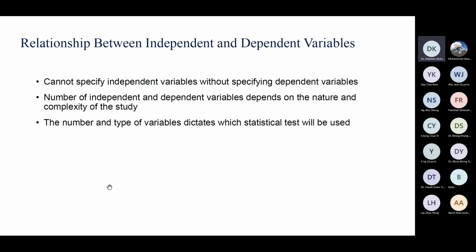But the more dependent and independent variables you have, the more complex analysis you will need. So for beginners, it is good not to have too many independent or dependent variables. When you can master the basic quantitative research, then you can slowly go to the more complex quantitative research.